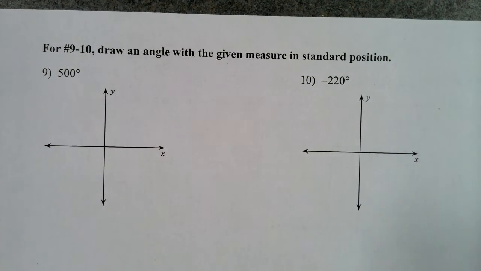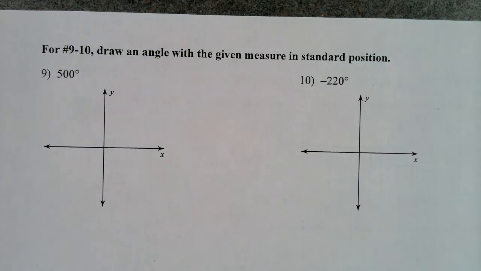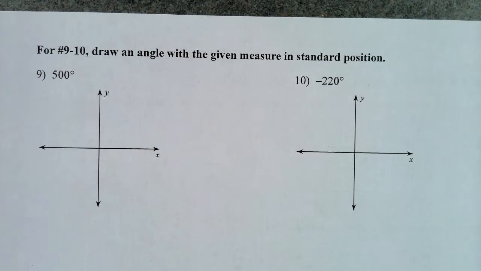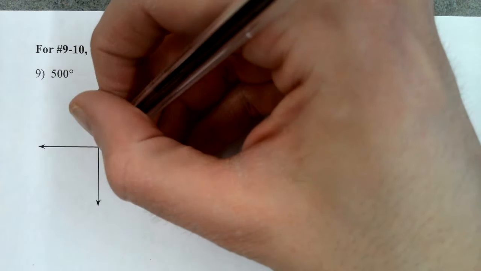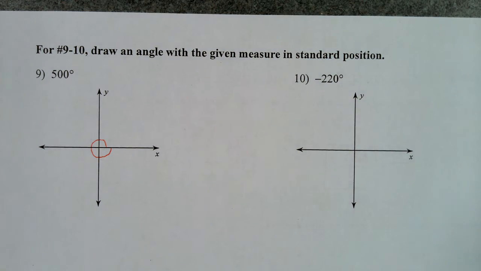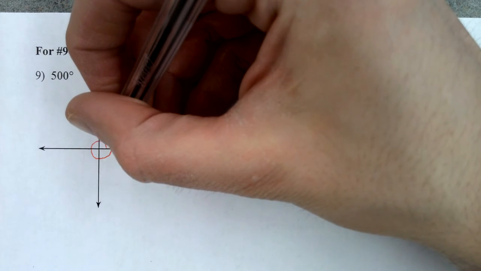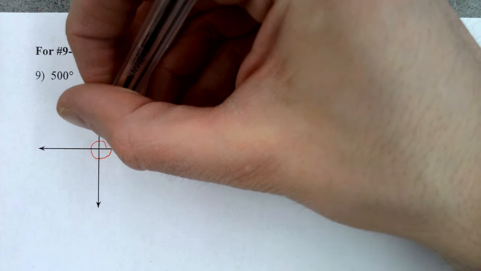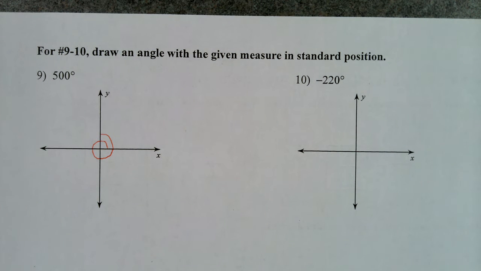So you're going to go around once and another 140. That's 360. That's another 90, so that's 450. Another 50 more.